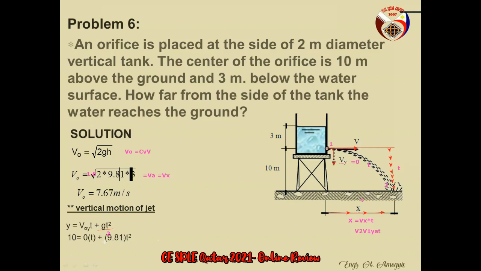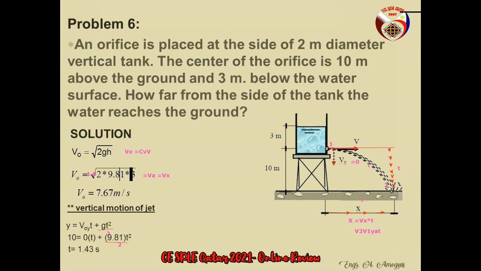So 20 divide 9.81. Then square root. Then it should be 1.43. Tama? Let me check. Tama, sir. Yes, tama. 1.43.